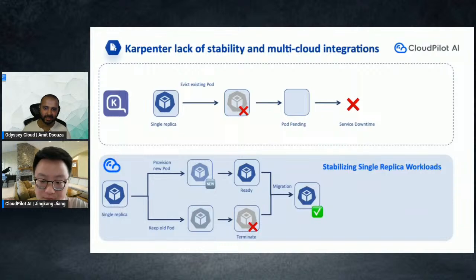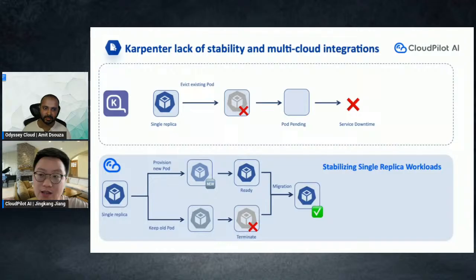Okay, next topic is, what about Karpenter? As I said, I love Karpenter, but I think Karpenter is not enterprise grade. It is not enterprise ready. If you want to integrate Karpenter into your production system, you have a lot of issues to solve. I'll give you four aspects.